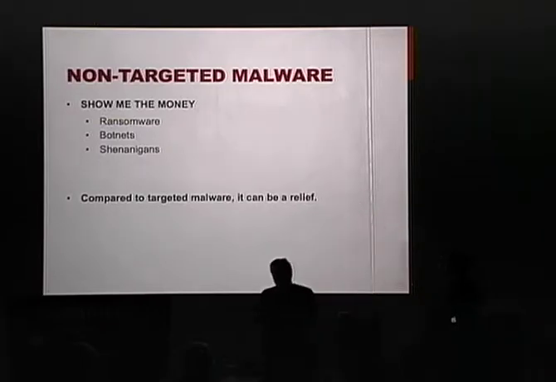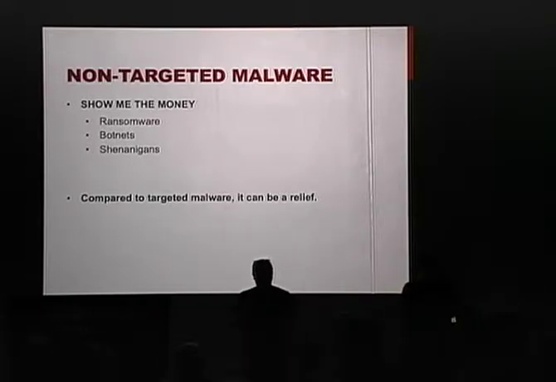Then there's non-targeted malware, the stuff you do get from random porn that you're watching. The general goal of non-targeted malware is always financial. It's always ransomware like CryptoLocker, where they're completely encrypting your hard drive and then saying, pay us money and we'll decrypt it, or they're lying about it and not actually encrypting it and just doing shenanigans. Botnets, where they're mining bitcoins with your computer because you don't know their botnet is sitting on there, stuff like that.